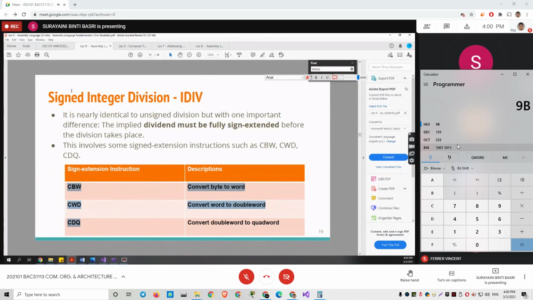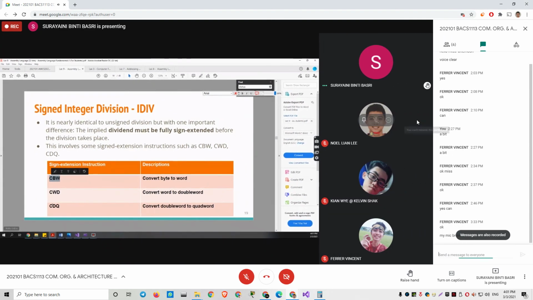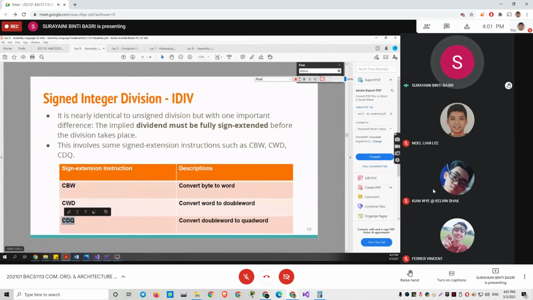Okay? Because the computer, yeah. So this is only used for sign number. Because all of these instructions first check your sign number to see if it is positive or negative, that's why it has its own instruction.